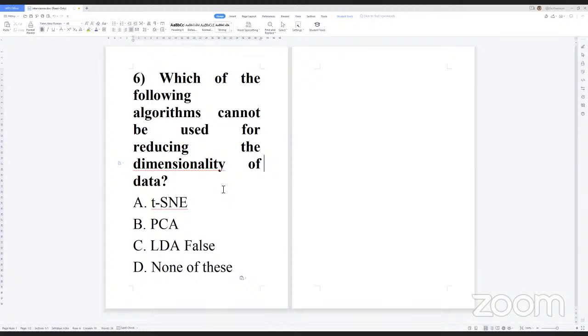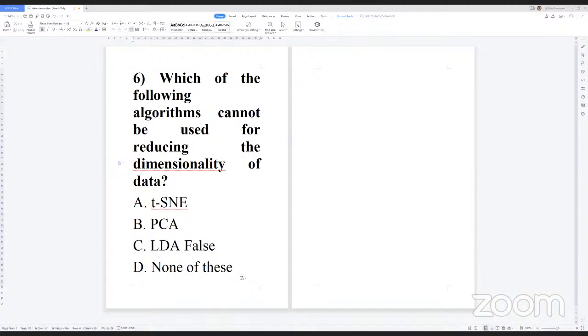No, all the three can be used for reducing the dimensionality. Okay, okay. t-SNE, I think you can read about it.